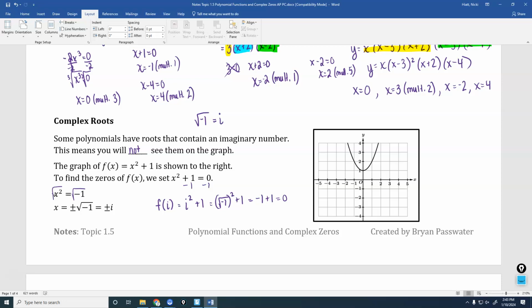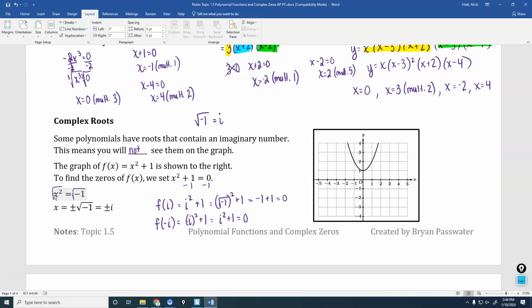So that means i is a zero of this function. The same would be true for negative i. It really wouldn't change this a lot because negative i squared would just be positive i squared. When you square that negative, it becomes positive. And then you end up with the same thing you had on the last equation.